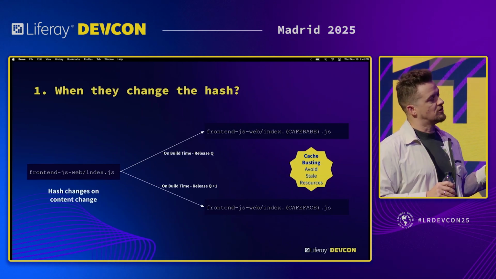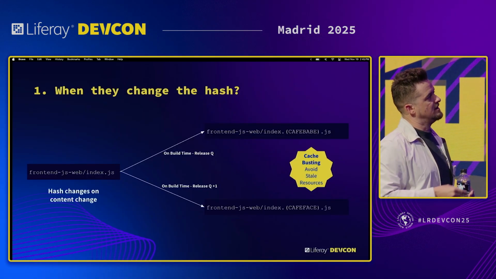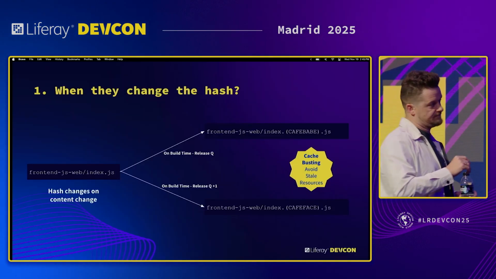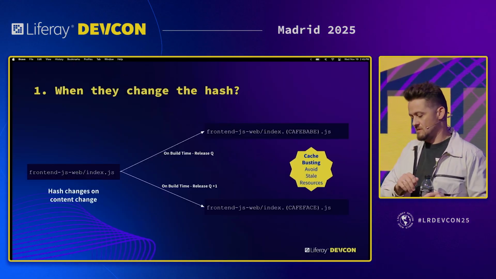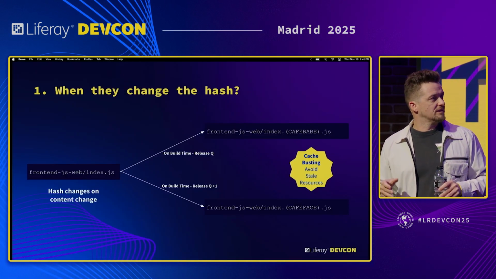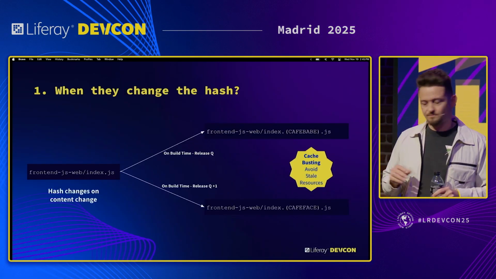It changes when the content changes. So if this file is changed in an update, the build takes all the content of the file, stringifies it somehow and hashes the content. So we know that the latest version of the file is always going to be delivered.